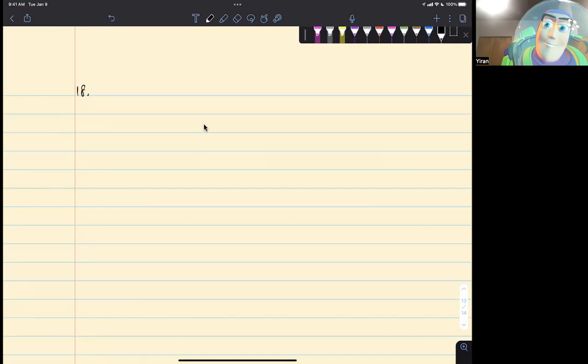The second one is: B(X) is generated by the Cartesian product of E_j, where E_j is in the Roman font. Okay, so let's prove this. Still, we're going to use this lemma.